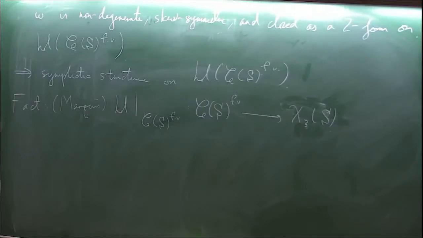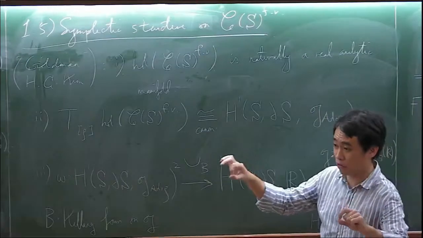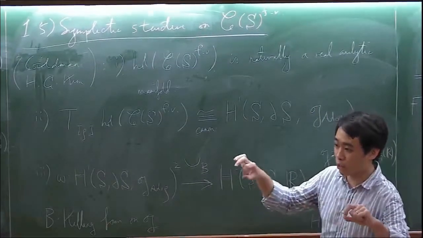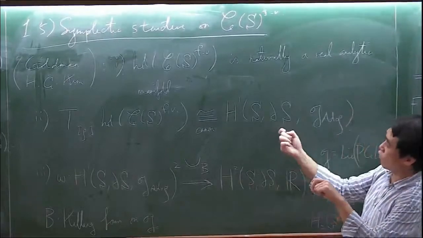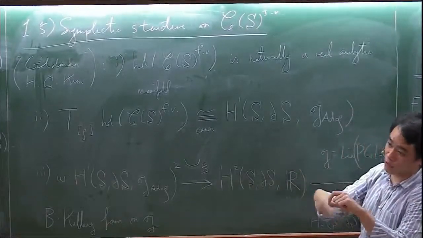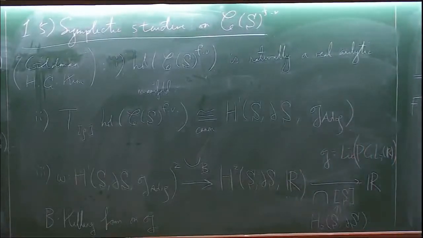Right. The problem is you don't have this identification, because I need to make sure that as I deform my representation, the conjugacy classes of the peripheral group elements don't change. Because if the conjugacy classes are changing, that means you have something non-zero in the peripheral element. Right?